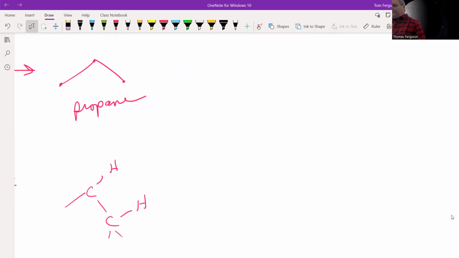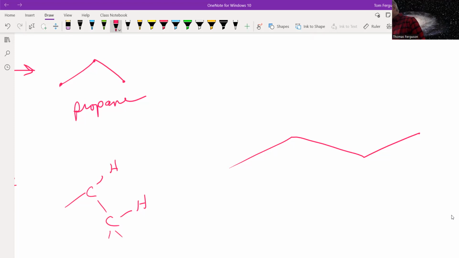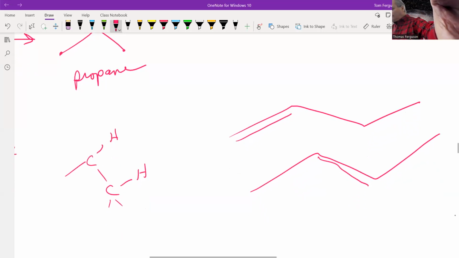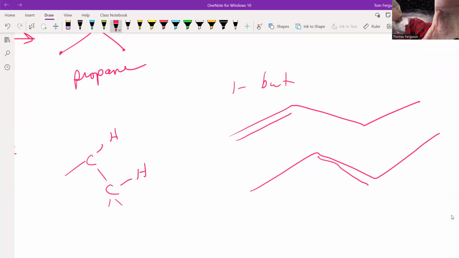So if we add some 2-butenes, we have 1-butene, 2-butene.